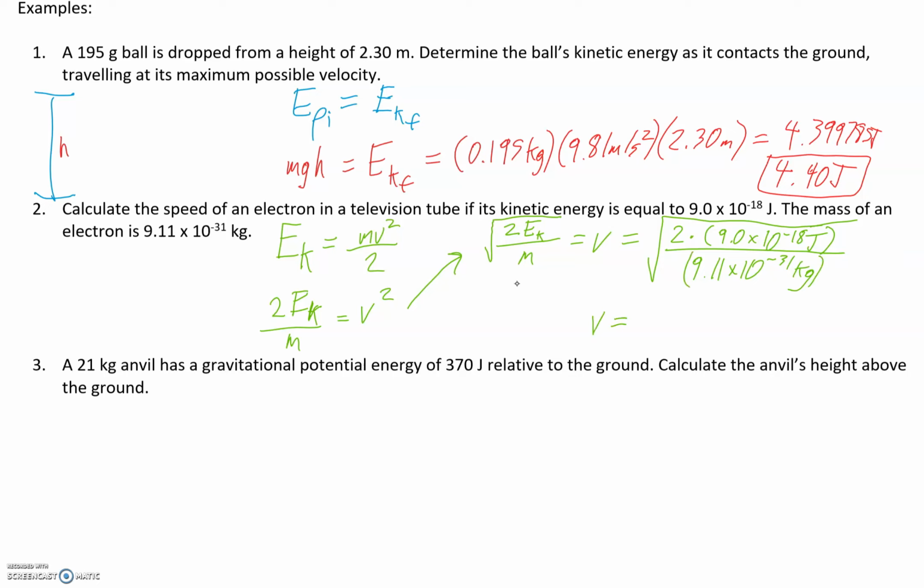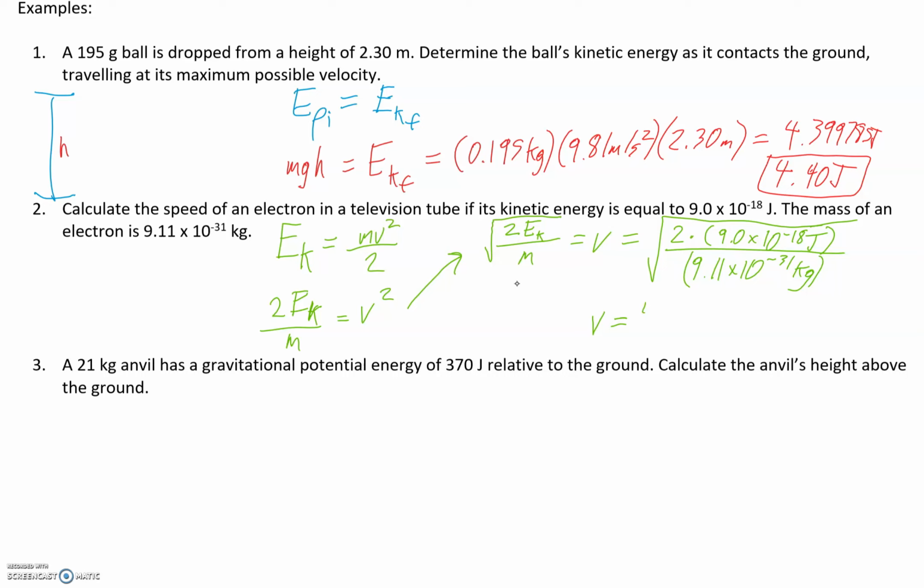This is going to give us our velocity. Let's plug this into our calculator. I had it wrong. There you go. 9 times 10 to the negative 18 over 9.11 times 10 to the negative 31.